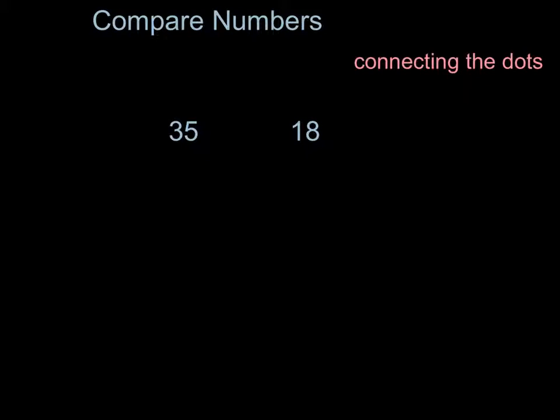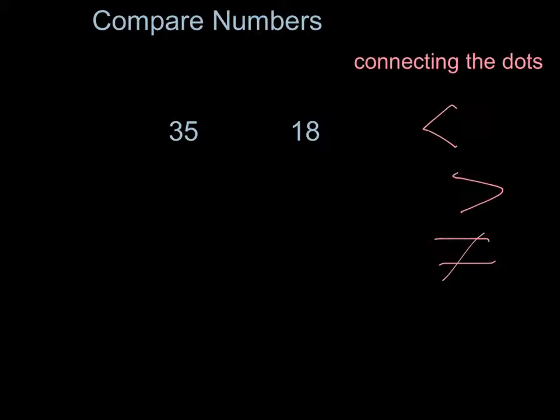Okay, so here we have two numbers, 35 and 18, and I know you can automatically tell which one is greater and which one's smaller, but then the question is, which symbol do you put? Is it going to go that way? Is it going to go this way? Obviously they're not equal, so you're not going to put an equal sign.